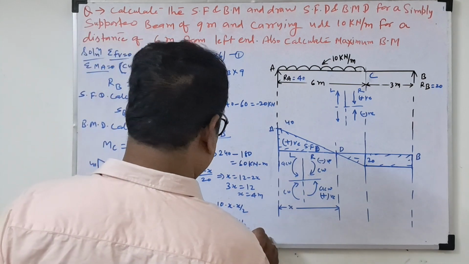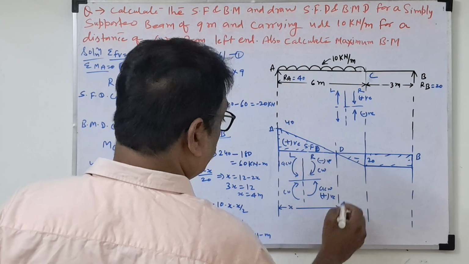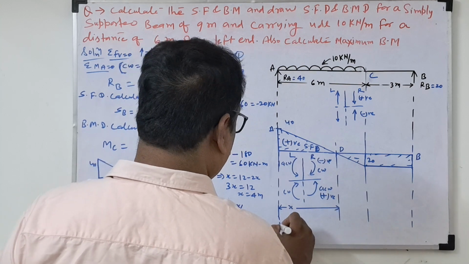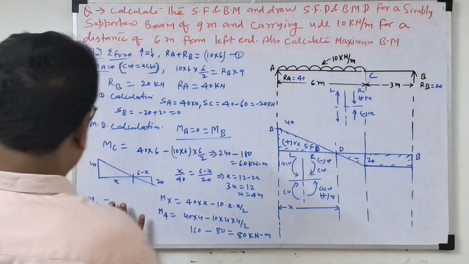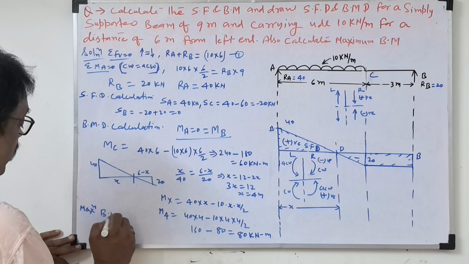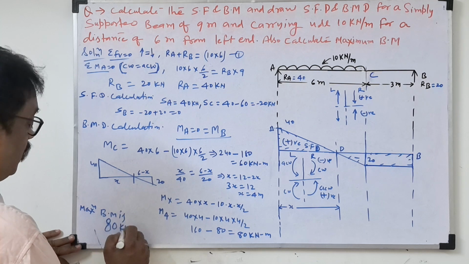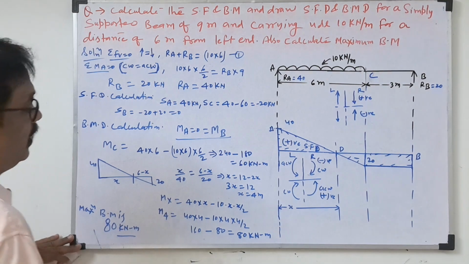So it will come 80 kilonewton meter. That means this will be the maximum bending moment. So we can write here the maximum bending moment is 80 kilonewton meter.